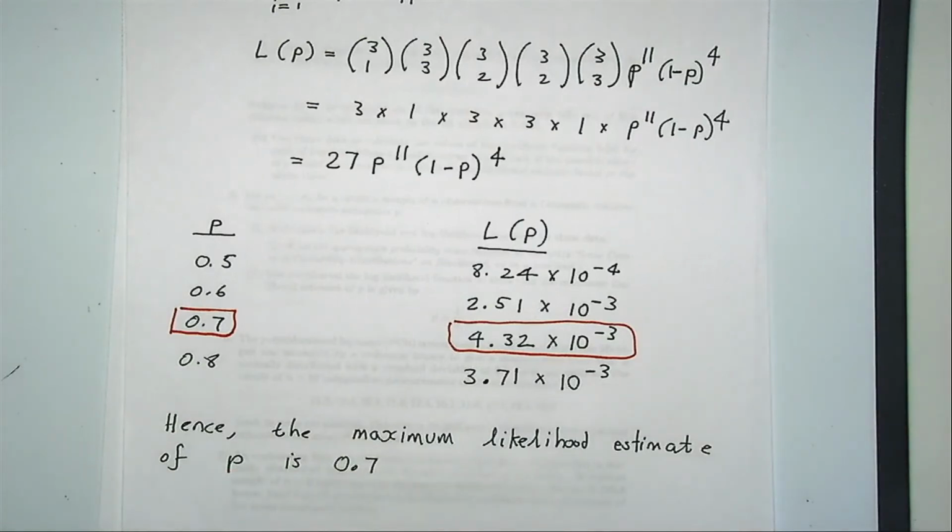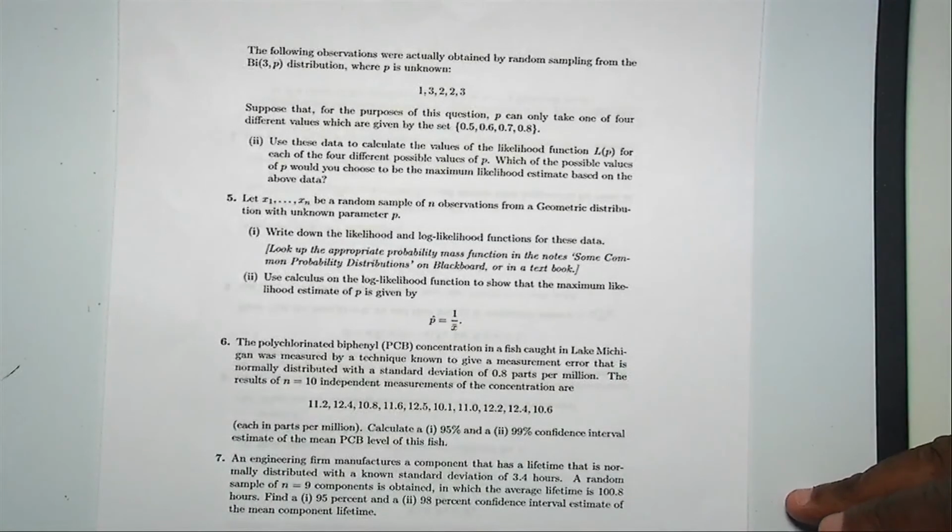So remember, the maximum likelihood estimate is always the value for the parameter for which the likelihood takes the largest value. So in this example, the likelihood is largest when p is equal to 0.7, and therefore p equal to 0.7 is a maximum likelihood estimate of p. Alright, so that completes question 4.